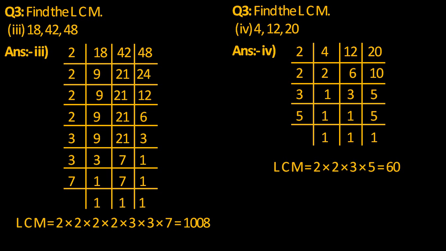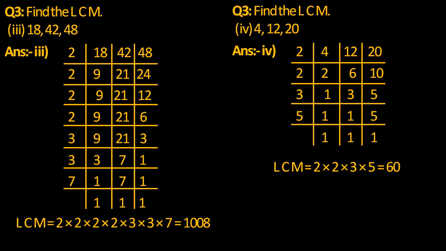Question number 3. Find the LCM for 18, 42, 48. We'll see how we are doing it. Now 2 9s are 18, 2 21s are 42, 2 24s are 48. Now 9 and 21 are not divisible by 2, but 24 is. So we will carry forward down 9 and 21, 2 12s are 24. Again 9 and 21 are not divisible by 2, 2 12s are 24, 2 6s are 12.